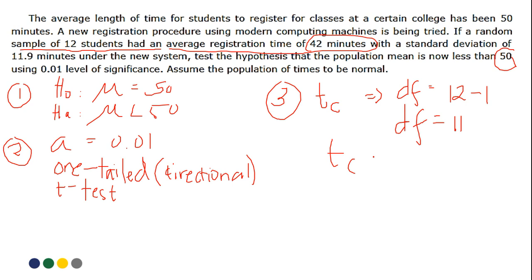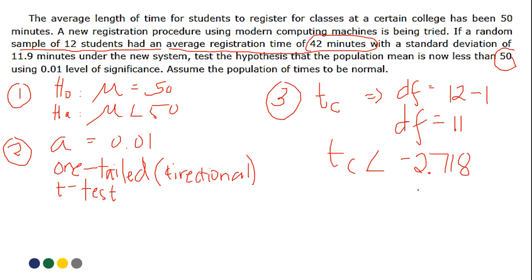Less than, sir. Okay, less than, negative 2.718. Sir, do we need to add a negative if it is less than? Yes, because negative means less than. Identifying the direction is very important, and in the critical region we indicate whether it is positive or negative.